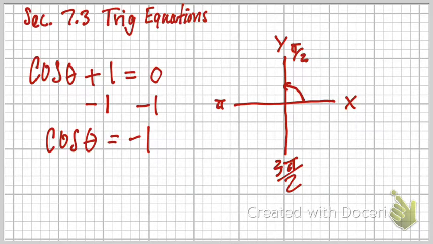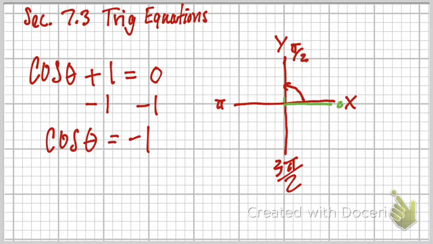So what I'm looking at here is I'm going to try to find the angle measure where cosine of theta equals -1. So I do have to understand these triangles. This is just from memory in a sense, and we did a little bit of this in class as well. So when I think of the idea of -1, if I drew a line here straight across, I know the cosine of 0 is 1.